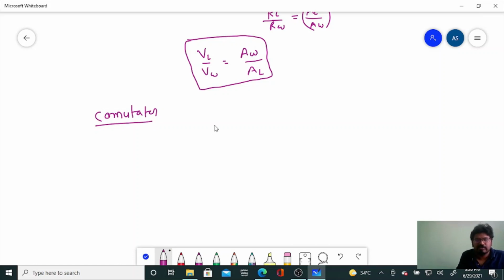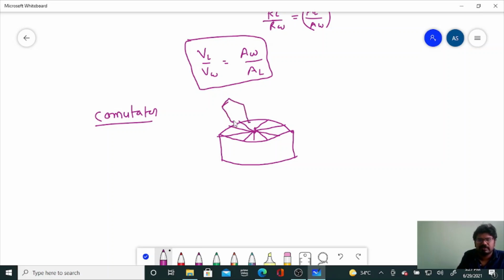These are basically the reflection of our coil. Okay, we have segments, and your coil sides are soldered to these segments like this.